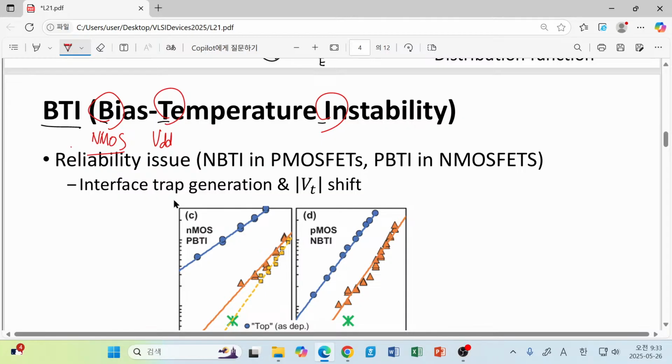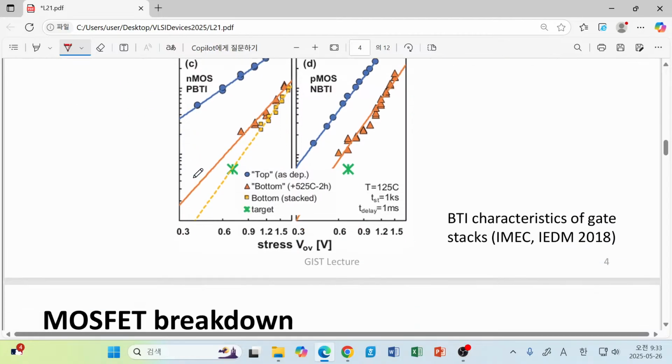So in the case of a MOSFET, you apply either 0 or VDD to your device. That is a completely normal operating condition. So now you apply VDD. Then temperature. In this case, the typical temperature is 125 Celsius.